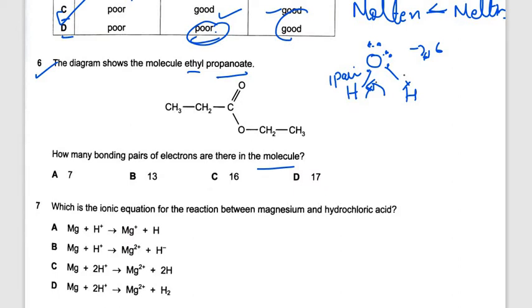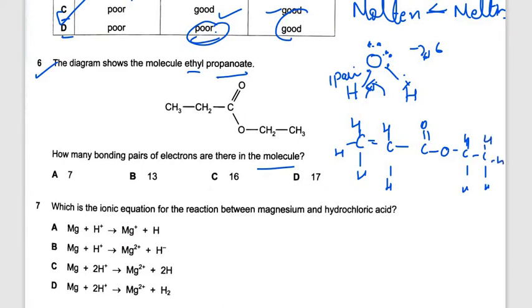Now look at this structure. CH3 means, you can open up all the structure in a bit more detail. CH3 means you're talking about, this is your H. Next is CH2, H. Then you have CO, then again O, then CH2 here, then CH3 here, H, and then count all the bonds.